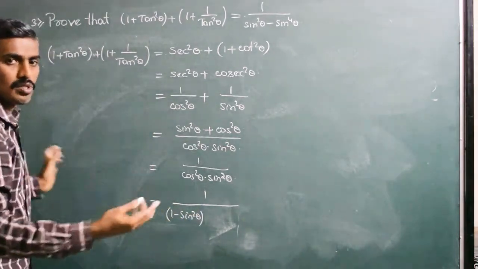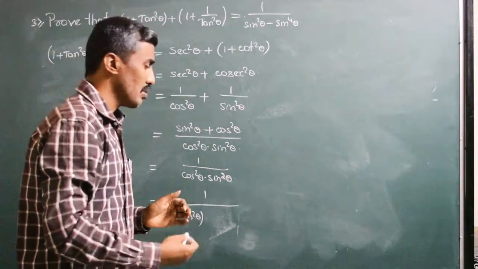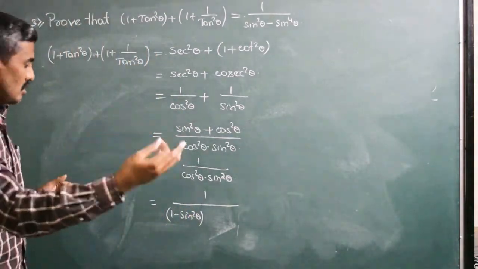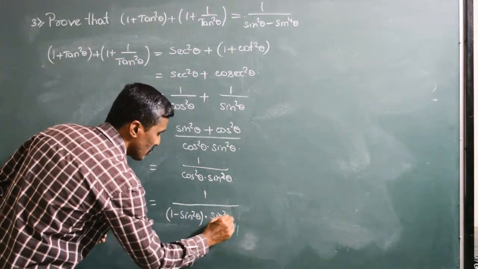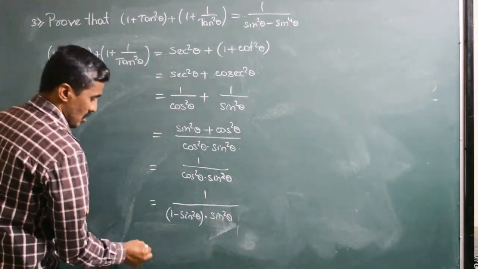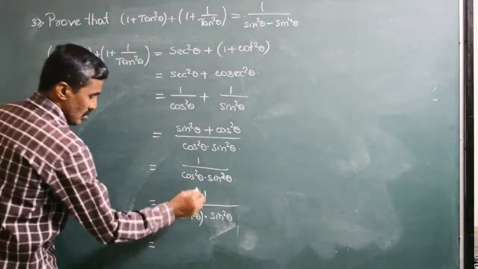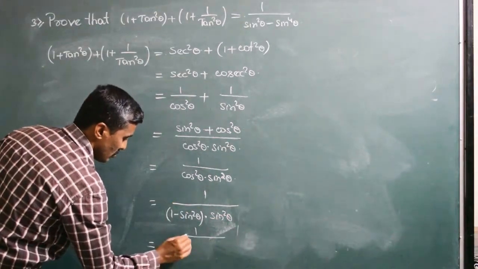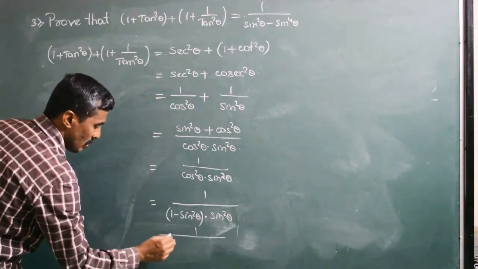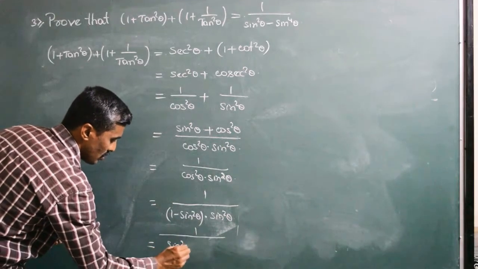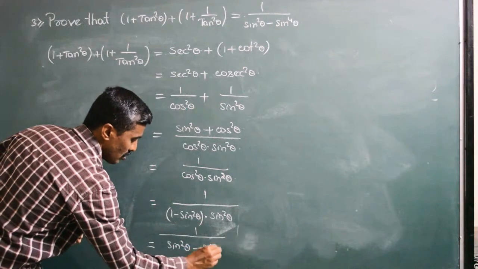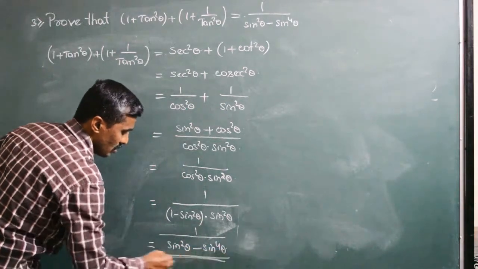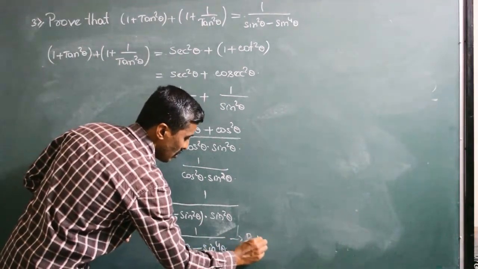Sine square theta plus cos square theta is equal to 1, therefore cos square theta is equal to 1 minus sine square theta, into sine square theta. So 1 divided by sine square theta into 1, that is sine square theta, minus sine square theta into sine square theta, sine to the power 4 theta. This is our required RHS.